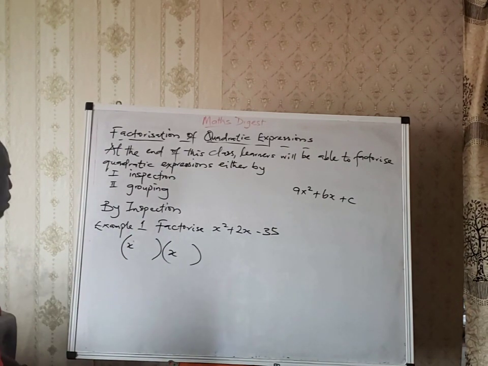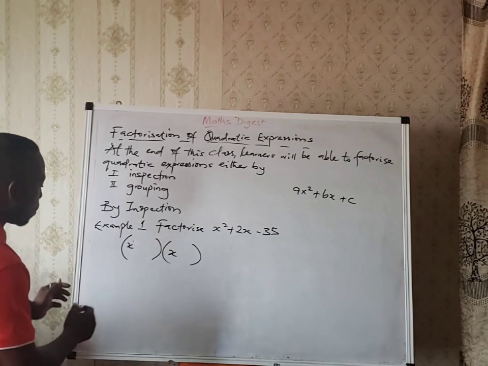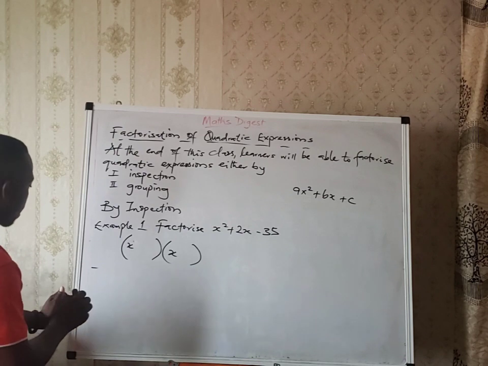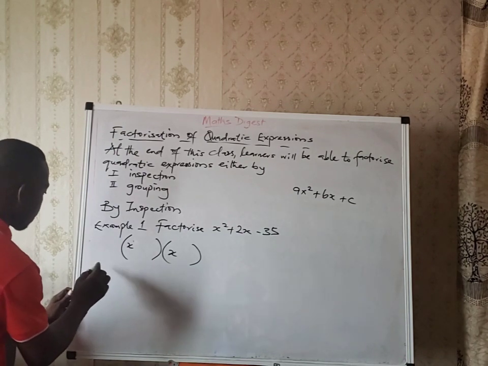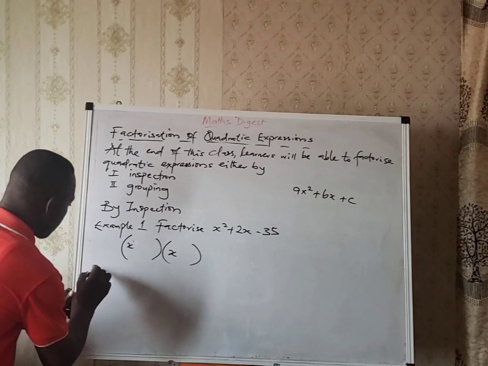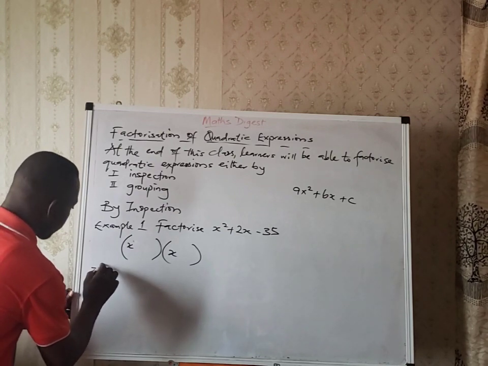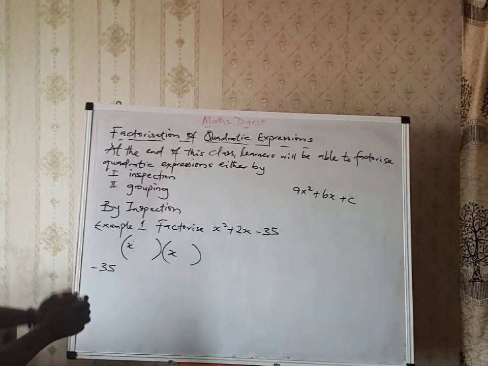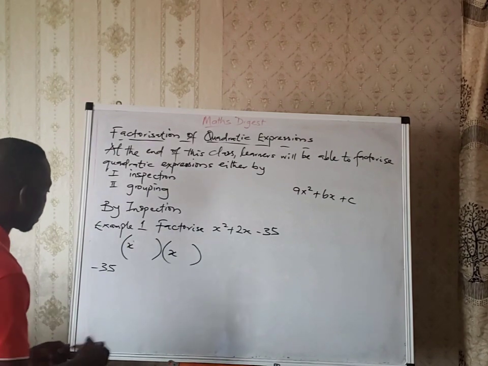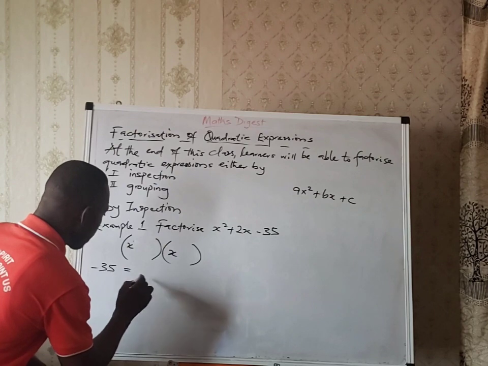And when you want to do this, you first of all look for numbers that will be multiples of minus 35.